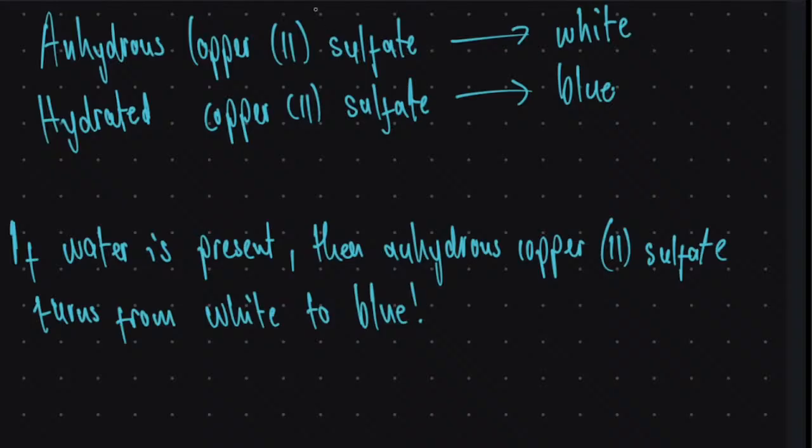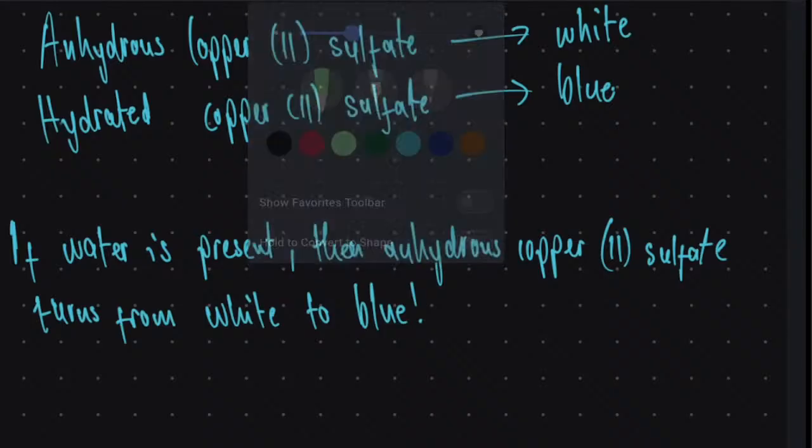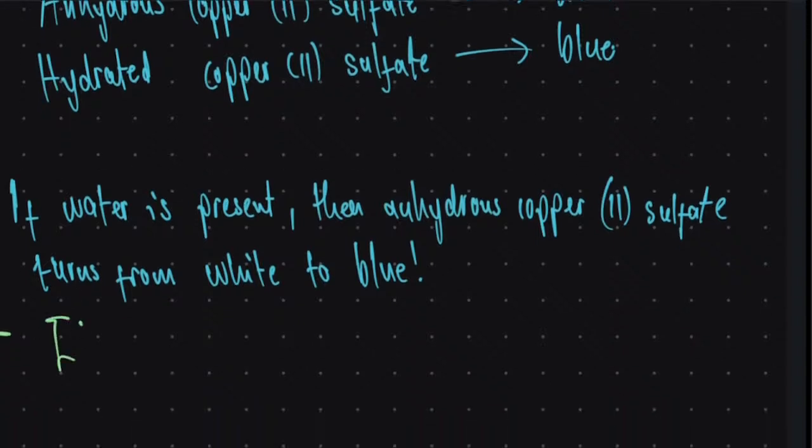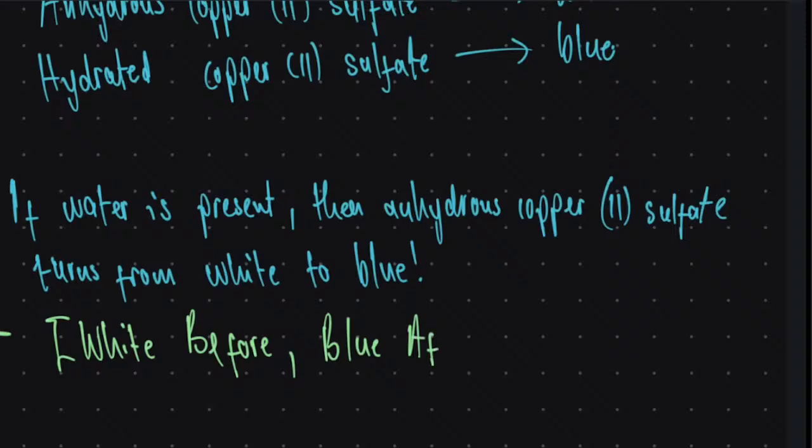If water is present, anhydrous copper 2 sulfate turns from white to blue. So it was white before, and then it becomes blue after. White before, blue after.